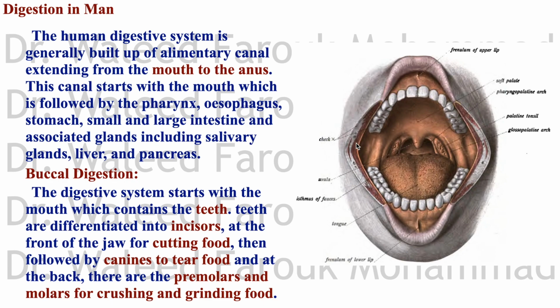And then the esophagus, then the stomach, and then the duodenum and jejunum and ileum, which is the small intestine, then the large intestine, ascending colon, transverse and descending colon, and rectum, then the anal canal and anus to the outside. This is the digestive tract.